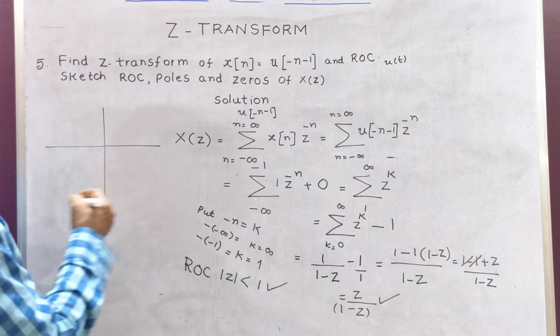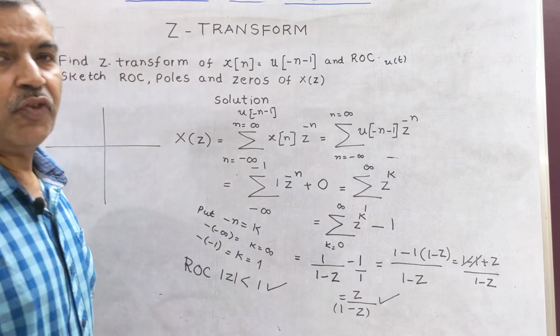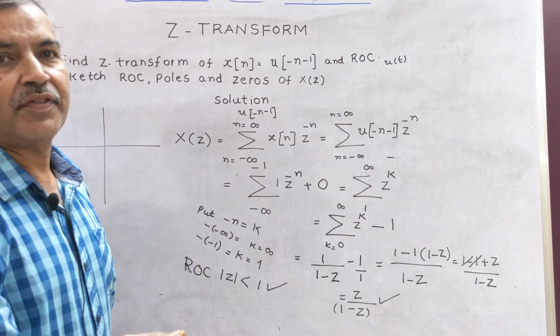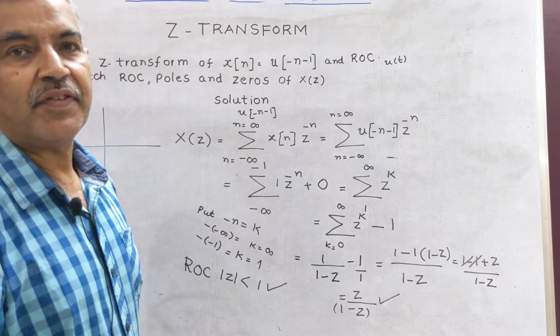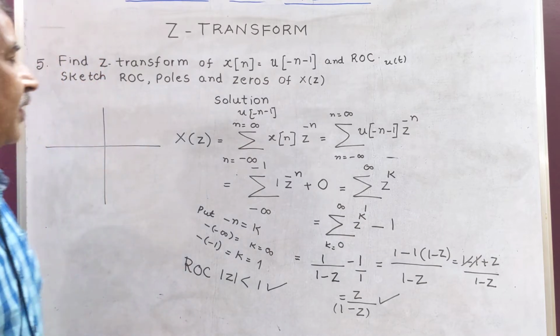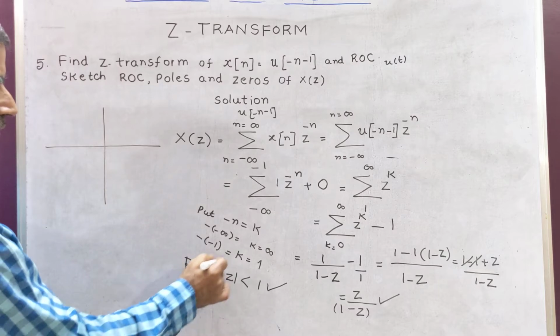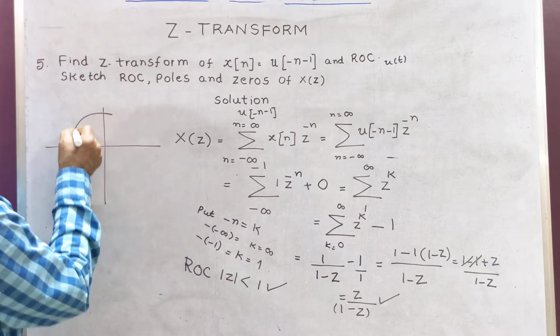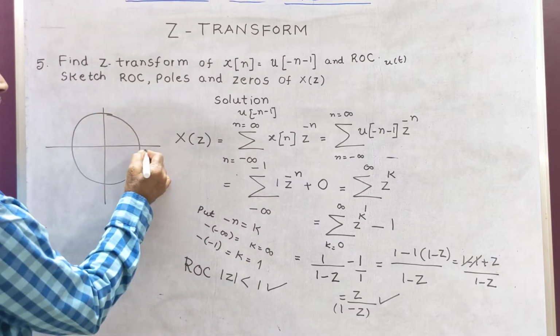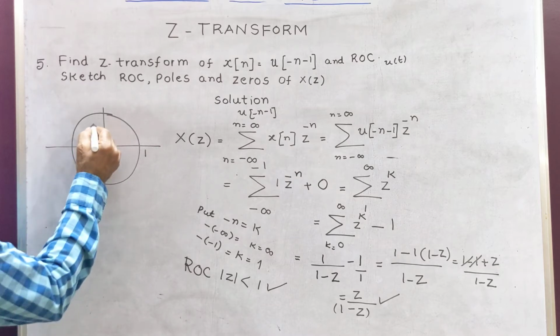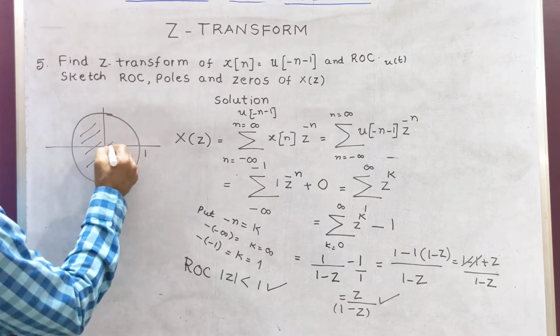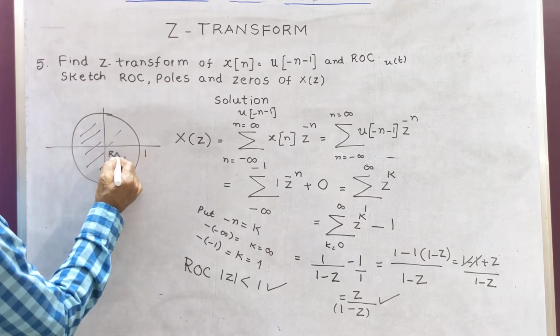I explained in the last class what applies for right-sided, left-sided and double-sided sequences. Now mod z less than 1 means first construct a circle of radius 1, and the inside of it is the ROC.